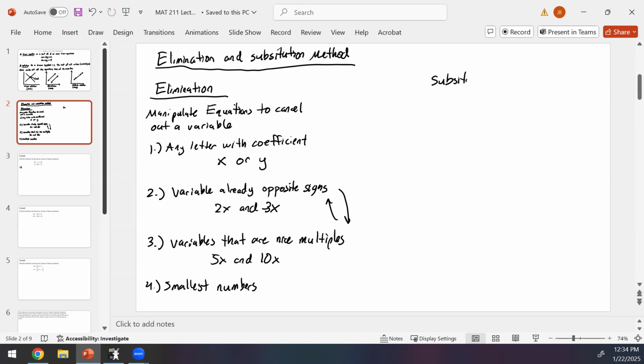For substitution, the idea is to isolate a variable in one equation and sub it into the other equation.